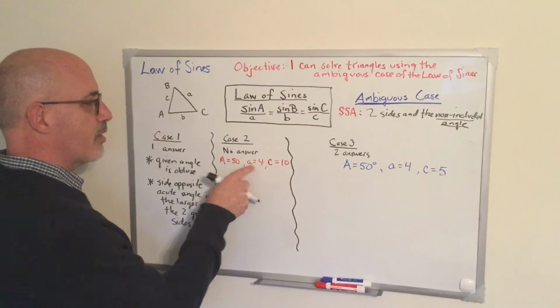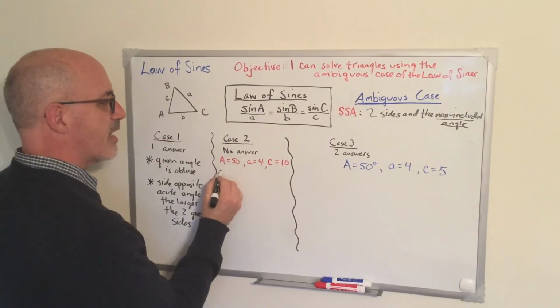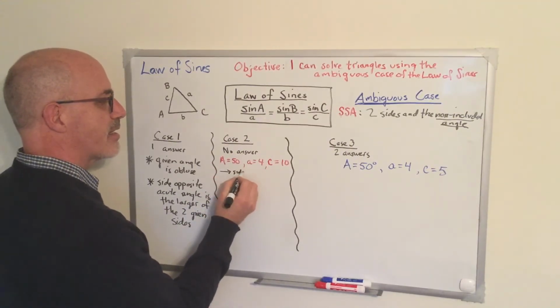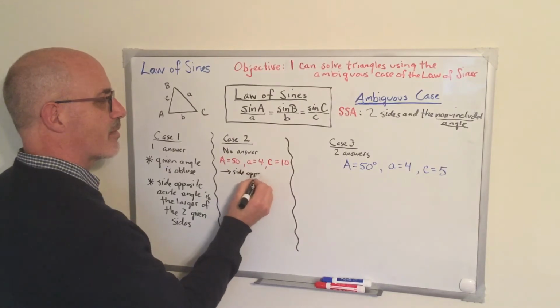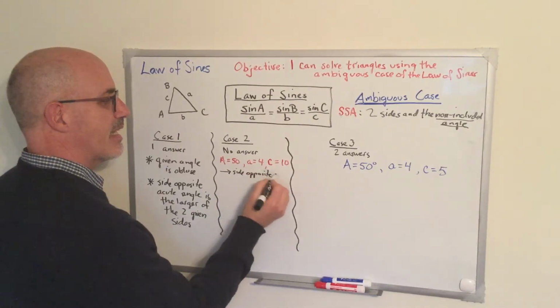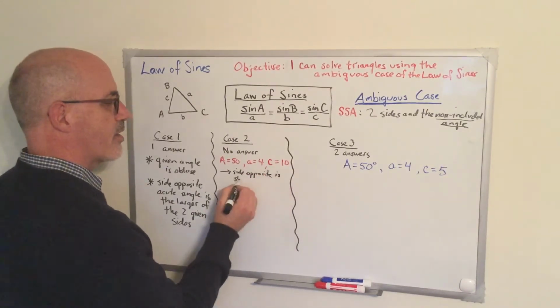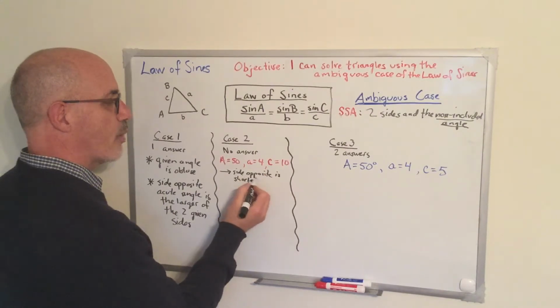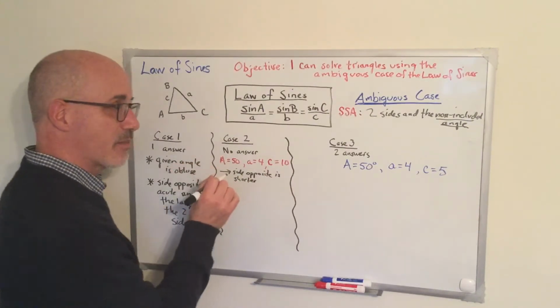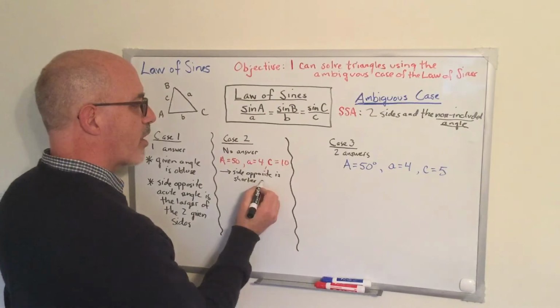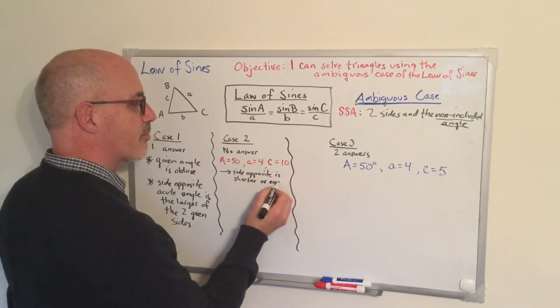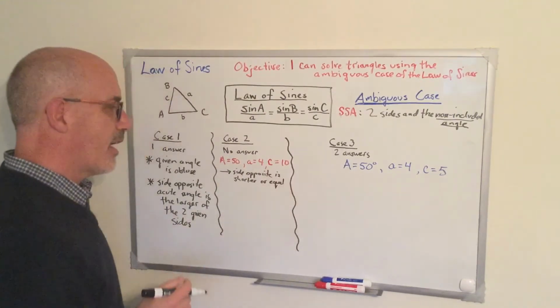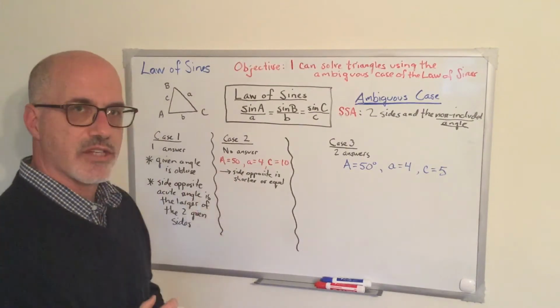So when we look at this, we either have the side opposite is shorter, and we have to examine this possibility, or equal. If it's equal, we know immediately that there's not going to be any solution.